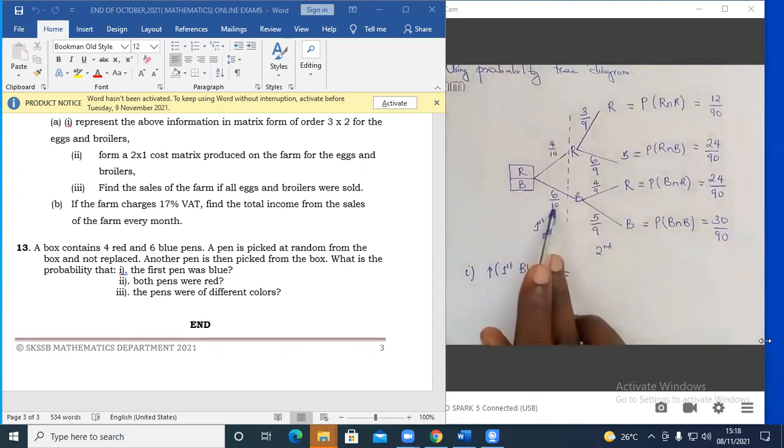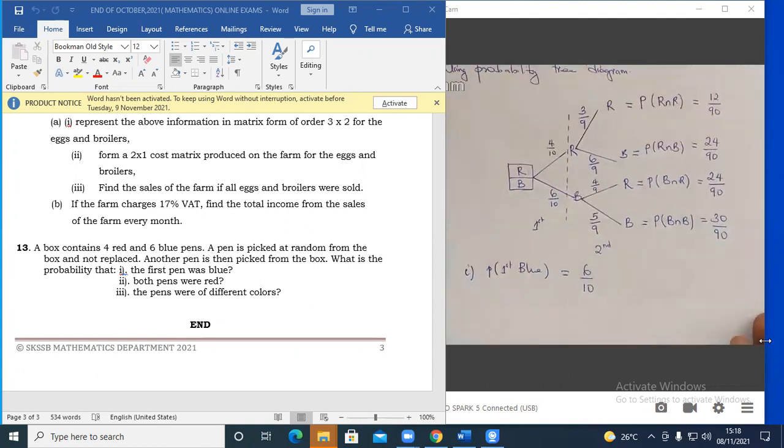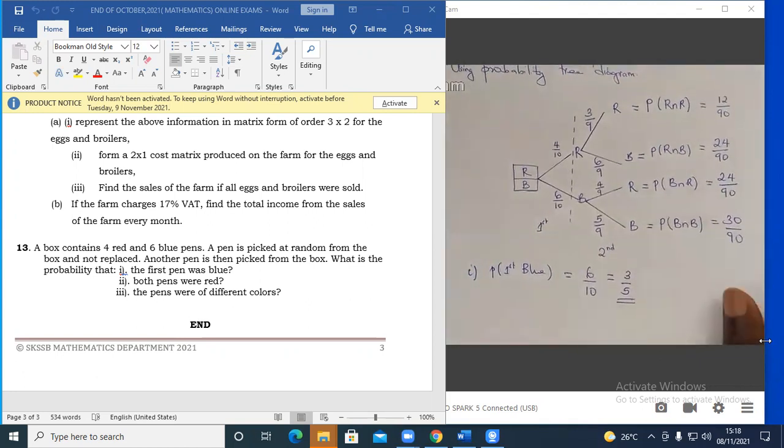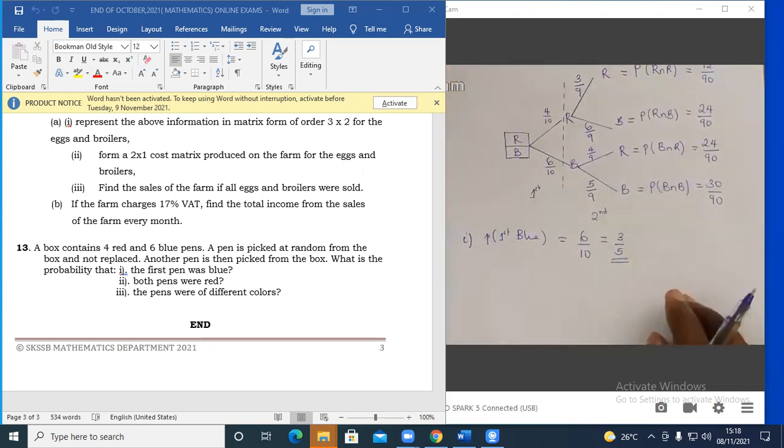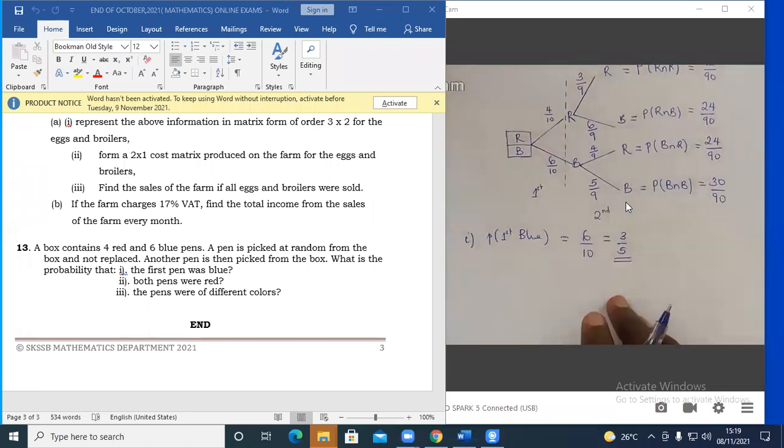Here, the first picking was 6 out of 10. If you simplify that, dividing by 2, we get 3 over 5. Because I'm talking about the first picking. Are you together?